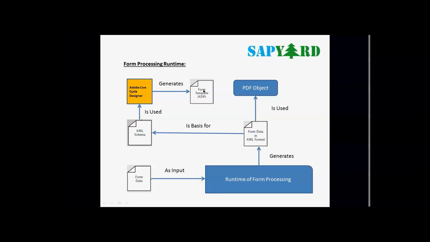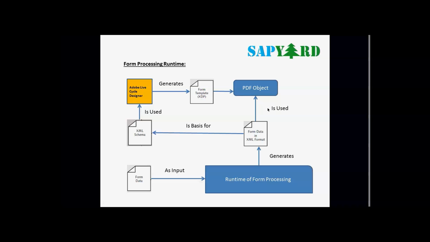So the Adobe Form template, or whatever design we are creating in Layout Designer, is an XDP template. That is the extension of the form, and that XDP is also passed to this PDF object. Now this PDF object is complete, where it gets the layout data and also gets the form data in XML form.